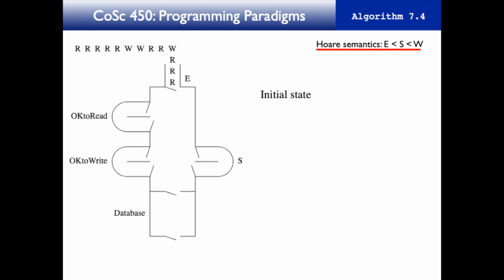And so we have a stream of readers and writers trying to get in. We have 3 readers first, followed by a writer, then a couple of readers, a couple of writers, and a bunch more readers. So let's work through this scenario and see what happens.